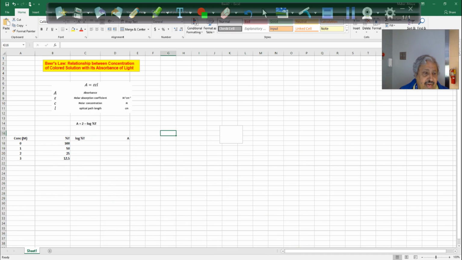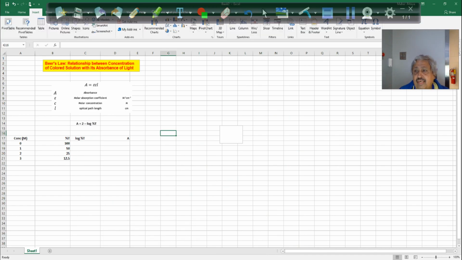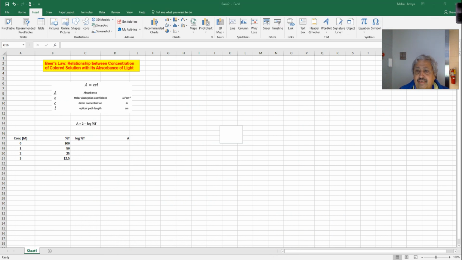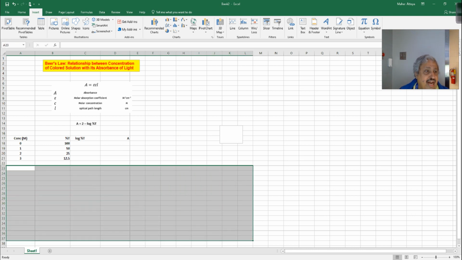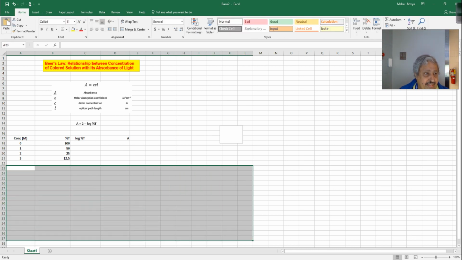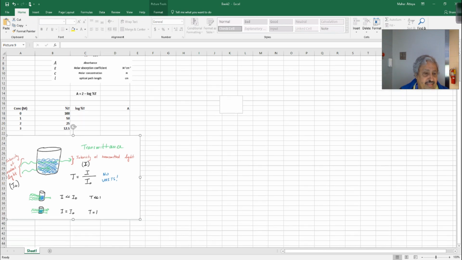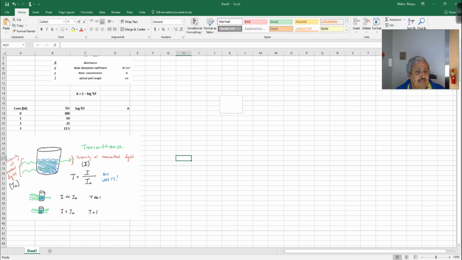Okay, and then insert a box. Every time you want to add anything, typing or picture or anything, I am now pasting the transmittance.